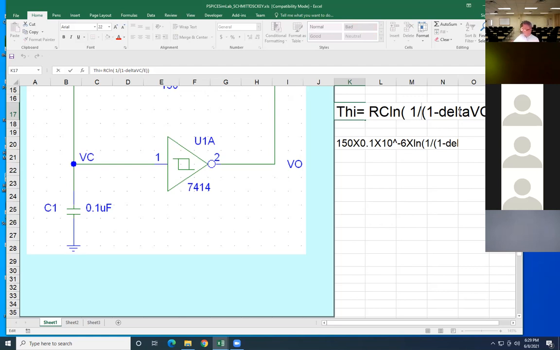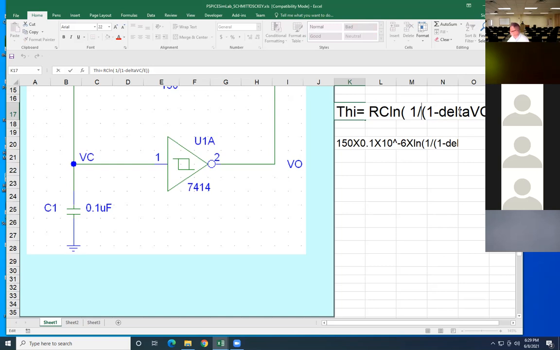So T should be equal to minus RC natural log of 1 minus delta VC over E. If you take the original equation, delta VC equals E times 1 minus e to the minus T over RC, and factor out T, it will be minus RC, and that takes care of the negative.